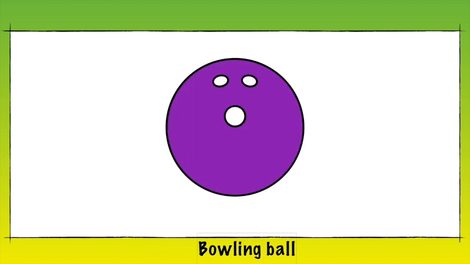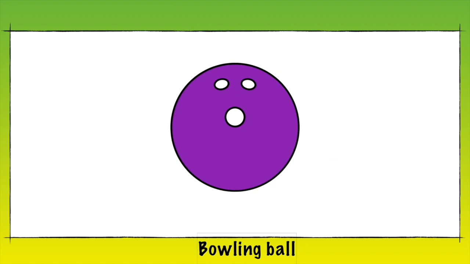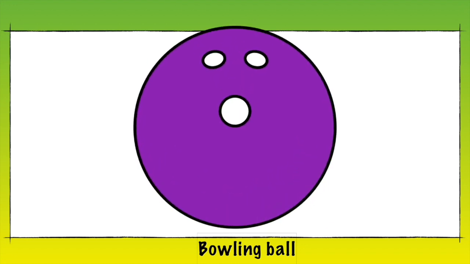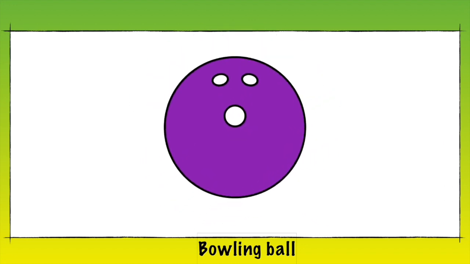A bowling ball, when a force is applied to it, does not easily change shape or break because a bowling ball is an example of a rigid body.